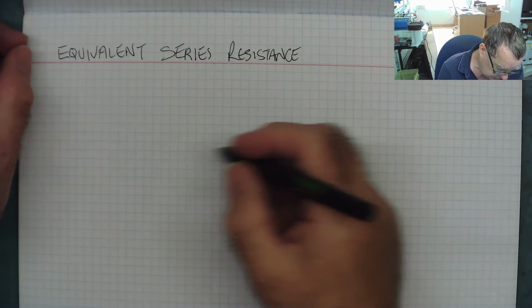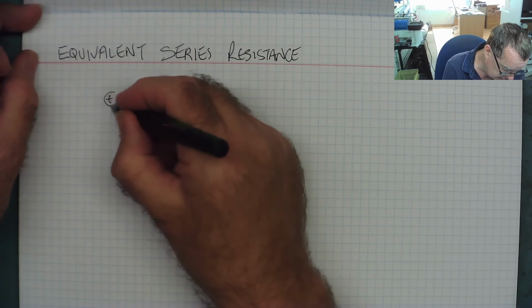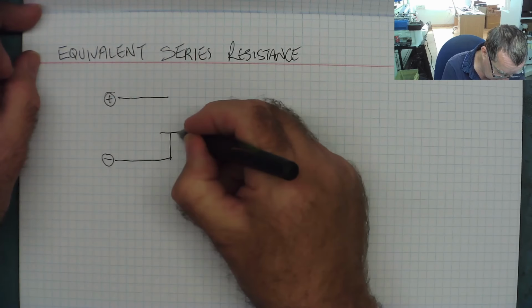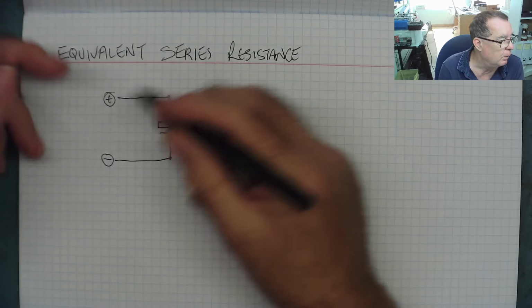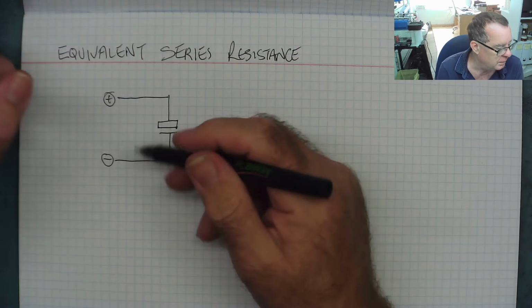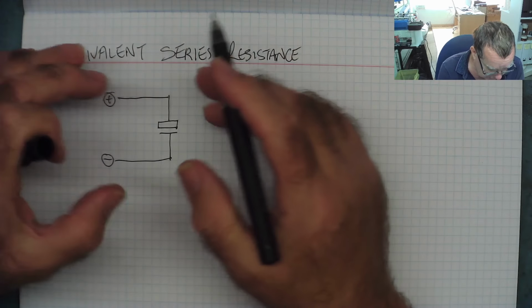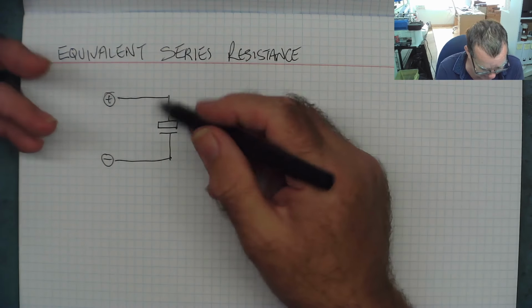So a capacitor, if we connect it between a supply plus and minus, and we'll make it an electrolytic capacitor. Once the capacitor charges up, so when you first apply power, the capacitor will charge. Once that has occurred, the capacitor blocks DC.